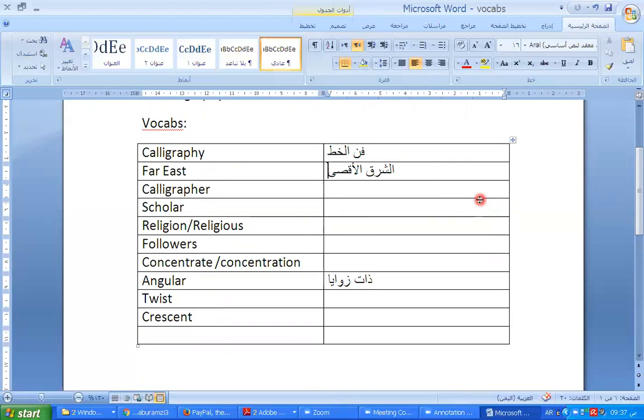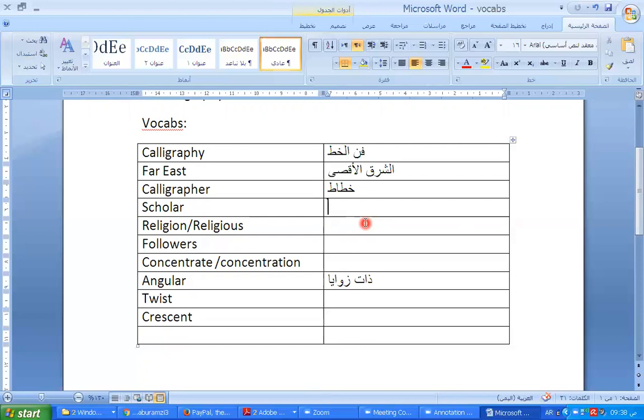And Far East, الشرق الأقصى, يعني أقصى الشرق, like this. So from this word calligraphy, we have calligrapher. Like teaching, teacher. So calligrapher means like khattat, the person who drafts writing. Scholar, we can say this is like some Islamic scholars or Arabic scholars.